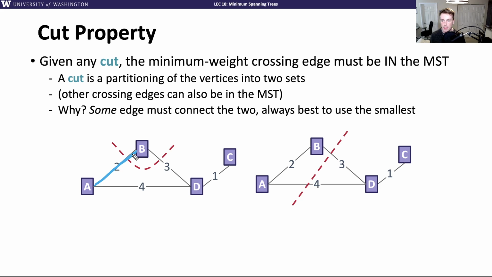There's no minimum spanning tree that would not include this edge for this cut because it has the minimum cost. And if we consider this other cut, well, we would choose this edge with 3 going through it. And so you can kind of think about over every possible cut, we would end up with the same minimum spanning tree as before. It's just a different perspective of what minimum spanning trees need that ends up giving you the same result.